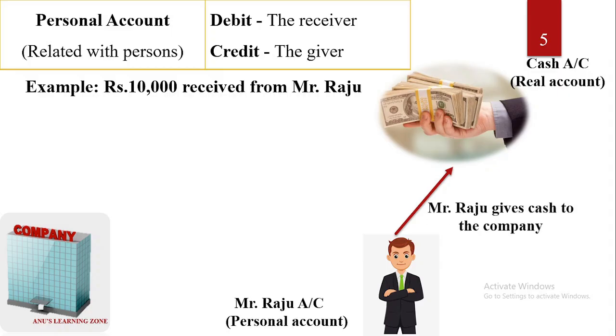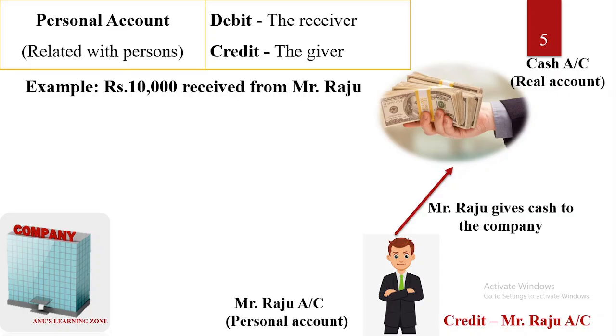Thus we can credit Mr. Raju's account, because the rule of personal account says that we have to credit the giver.